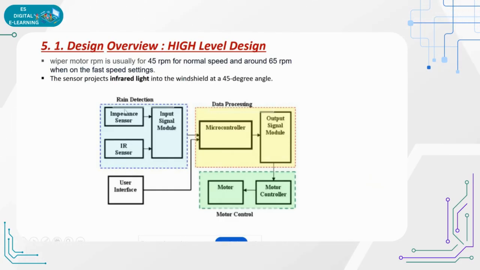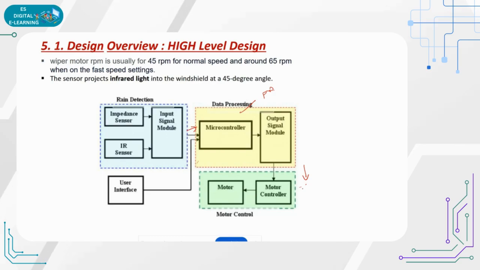The infrared sensor will detect the raindrop and give the information to the controller. The controller will process the data, and that information will be sent to the motor.